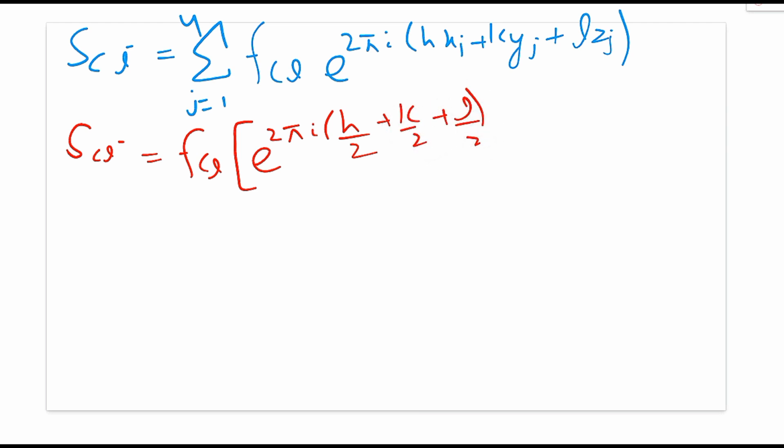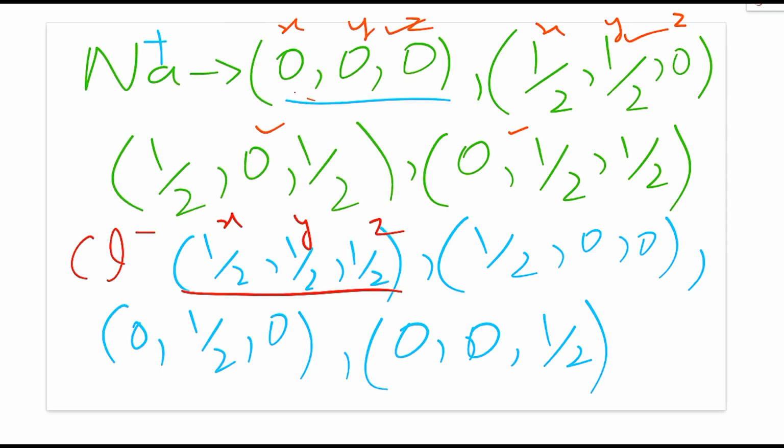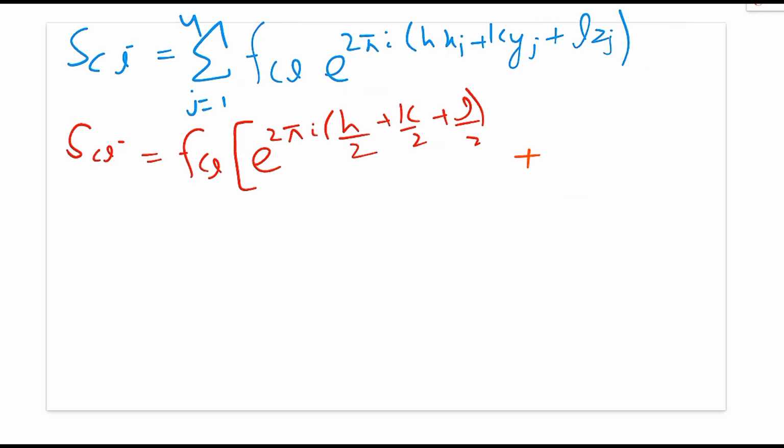Alright, so next term plus, okay, next term is half for x, and these two are 0, so we will only have h in that way. So it's e to the power 2 pi iota, and it's half for x, and the other two are 0, so I'm not writing them because we don't need to. Okay, we know that all of them are 0.